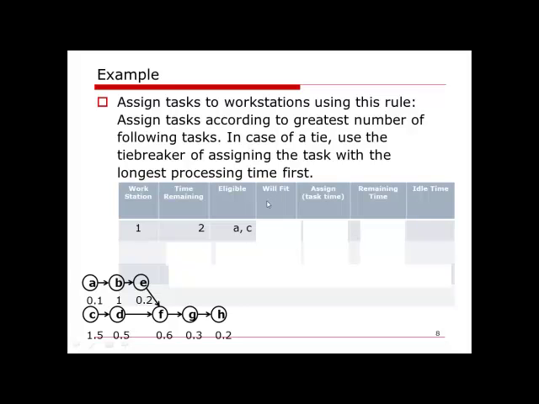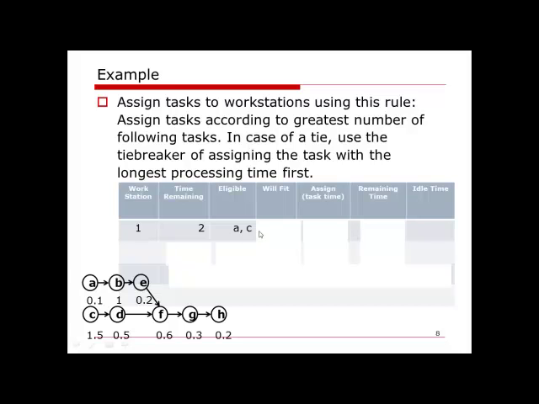Will fit means we compare these eligible tasks and see whether or not their working time is less than the remaining time, so the remaining time is long enough to work on the given tasks.